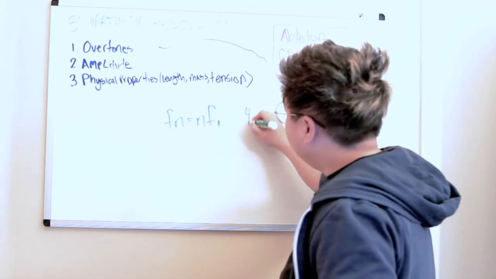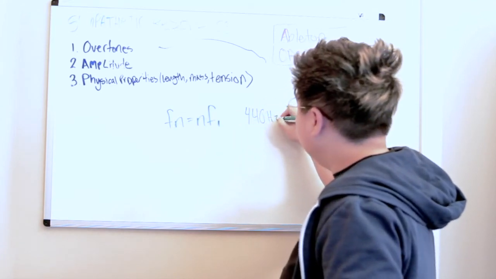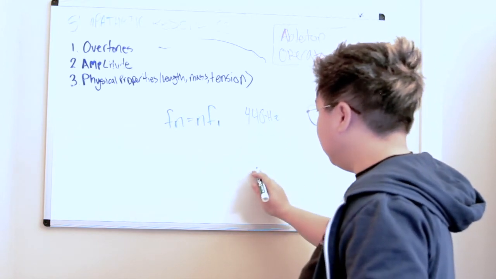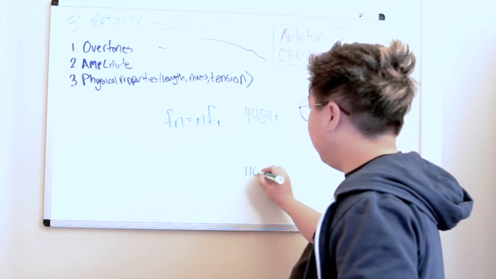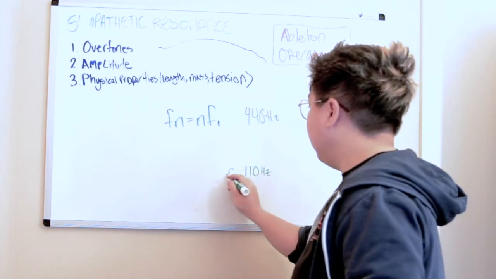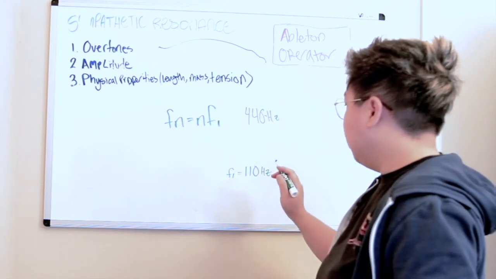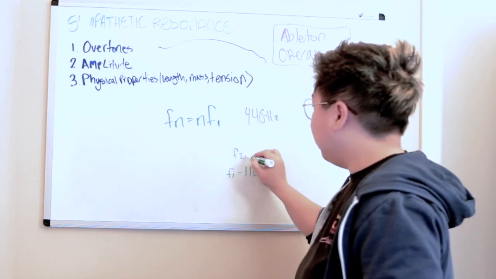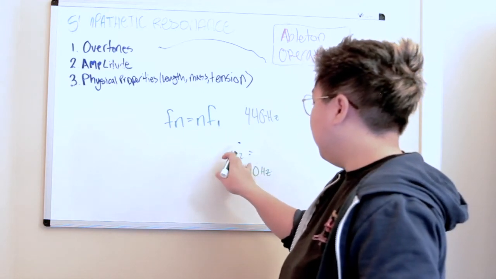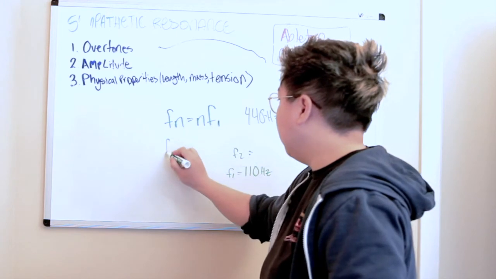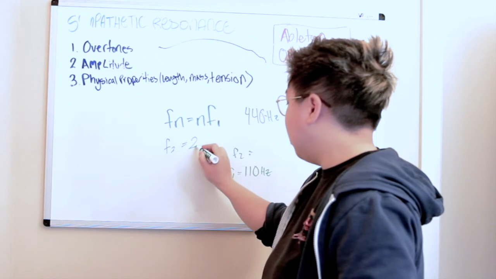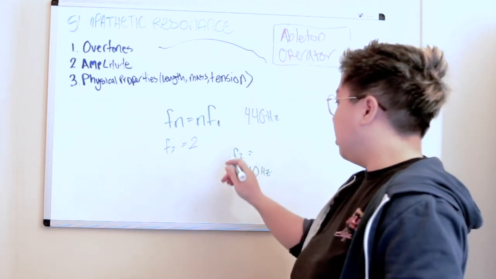So if we have 440 hertz, we know that the first fundamental would be 110 hertz. So if F1 is 110 hertz, and we're trying to find F2, then n equals whatever harmonic you're trying to find. So F2, the second harmonic. This is the first harmonic, which is the fundamental.